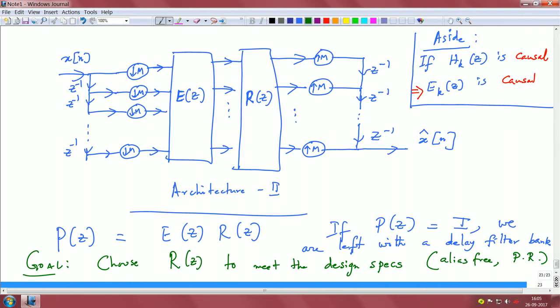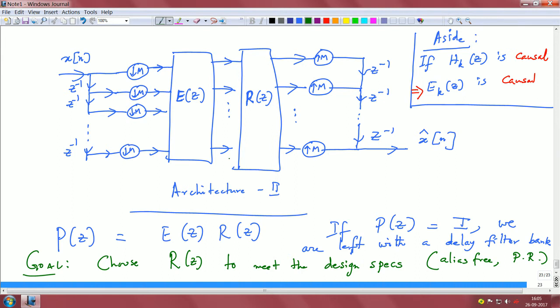So, this is a very useful representation, and that is the reason why we introduced type 1 and type 2, because if you did not do type 2 representation on the synthesis side, you would land up with difficulties. I mean, the delay elements would not be symmetric here. You would have to introduce delays in the middle here.